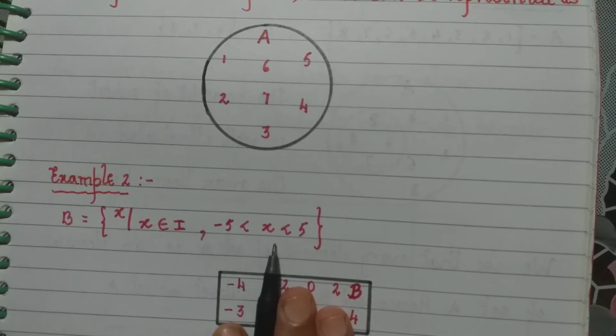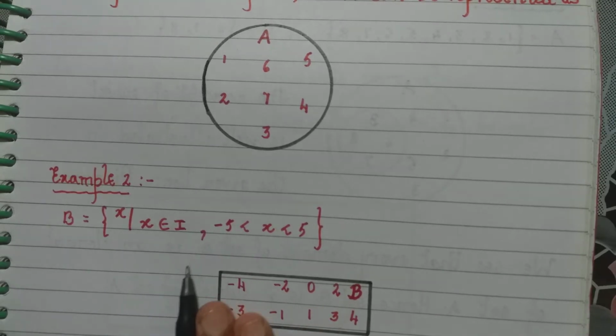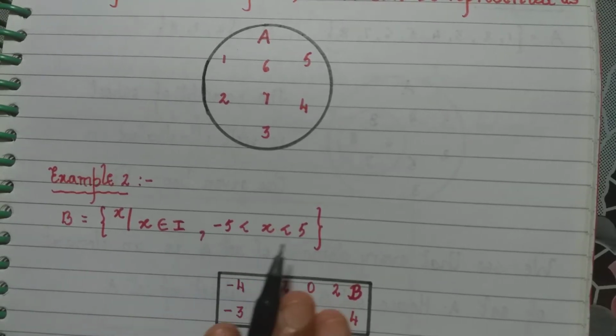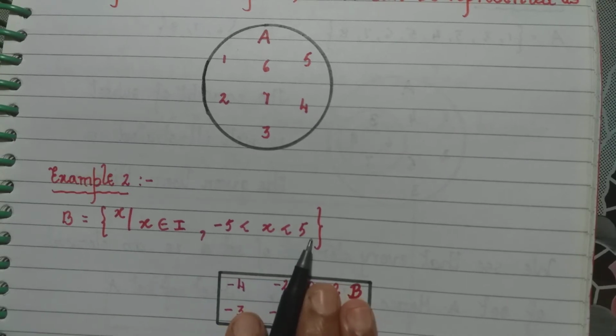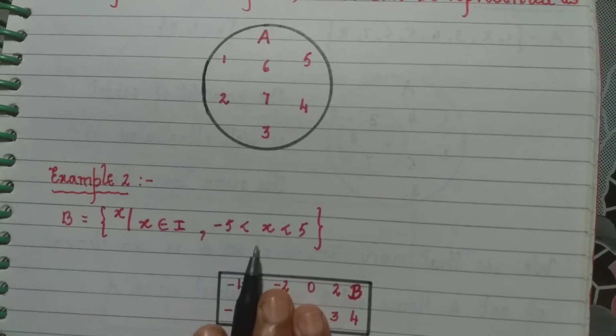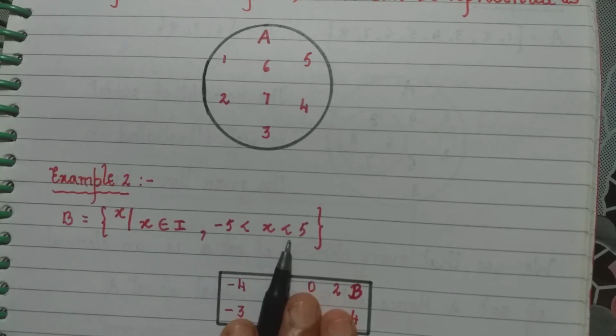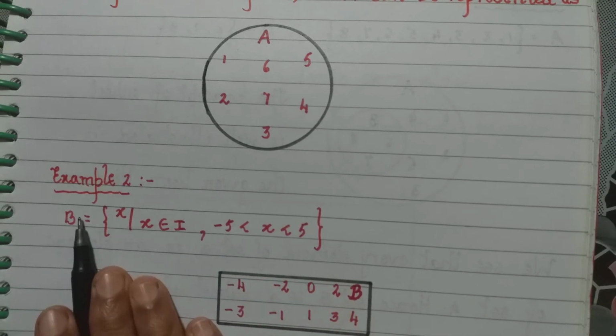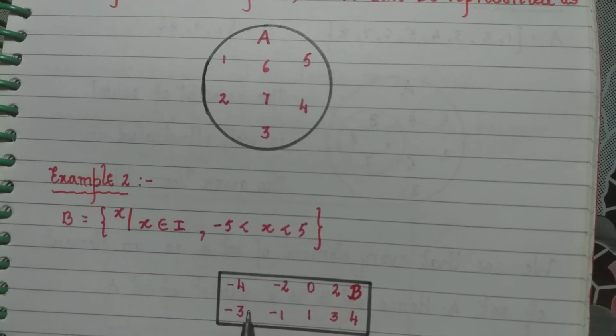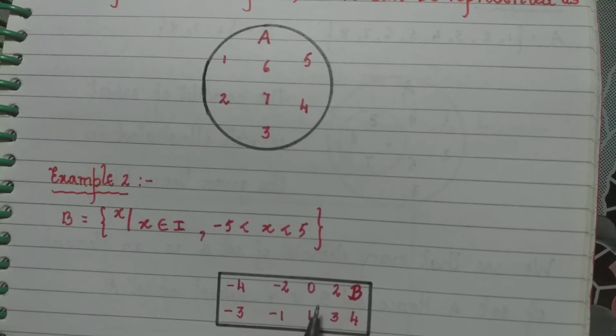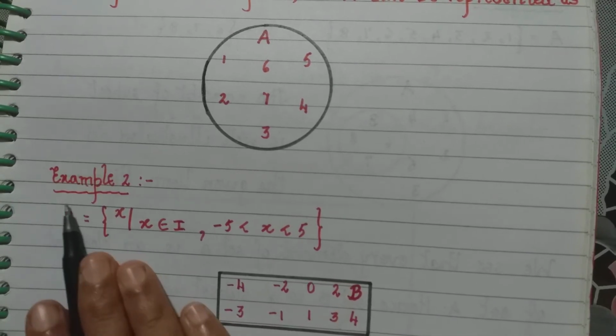Now if x is an integer and lies between -5 and 5, then from -4 right up to +4 all the elements should exist in set B. That is -4, -3, -2, -1. After that comes 0. Then 1, 2, 3 and 4. So all these elements will be present in set B.